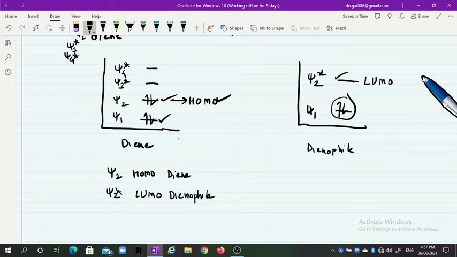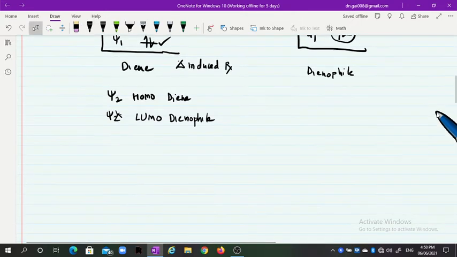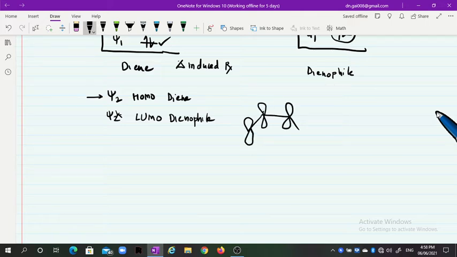The first case we consider is a thermally induced reaction, so no excitation of electrons takes place. Let us draw psi2 for diene. Psi2 has one node, therefore at the center we place the node, with signs positive, negative, positive, negative.